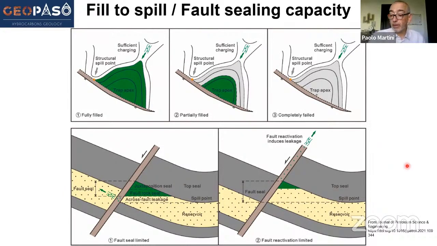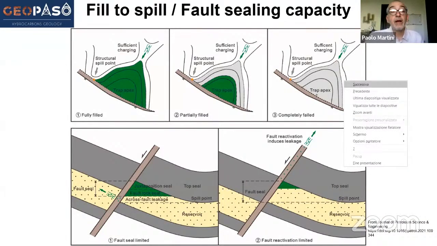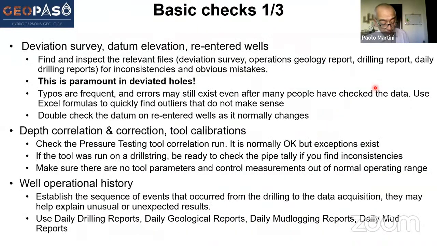So what are some basic checks that I recommend doing when you start looking at pressure data? Deviation survey, datum elevation, and the case of re-entered wells. It's a good rule to go find, if they are available, the relevant files like deviation surveys, various reports, geological drilling reports, daily drilling reports, and check if they are all consistent with each other, if there are mistakes.